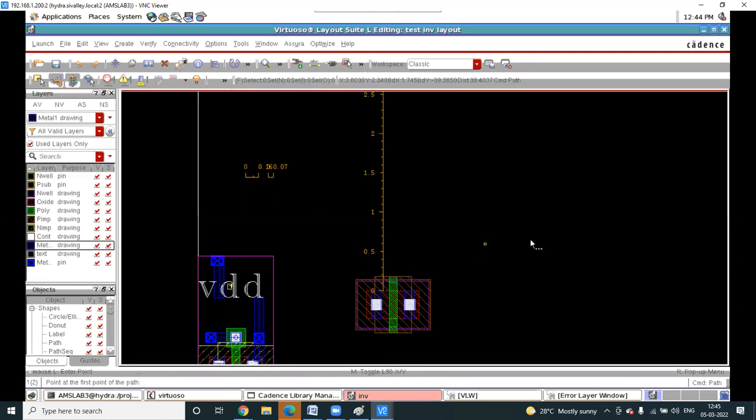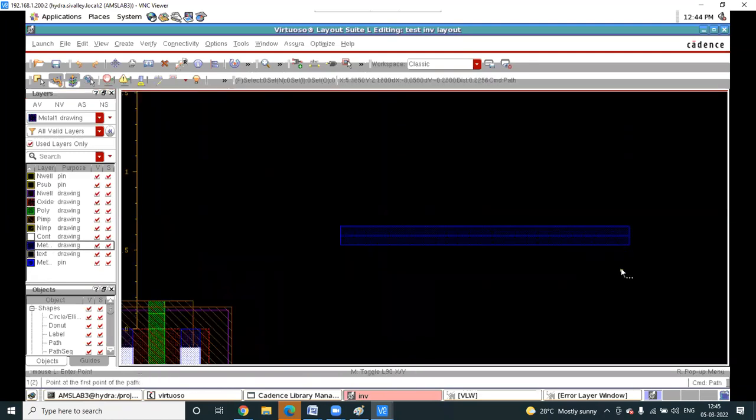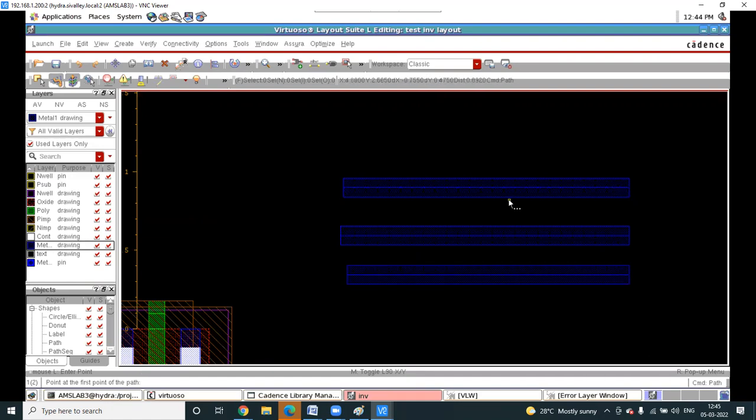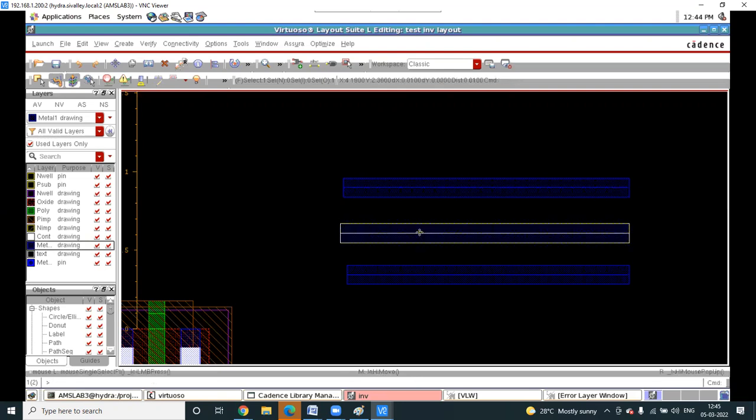I draw a metal one. So what is sidewall? You can use the same metal. You can take minimum spacing, sometimes 2x. 2x means 2 into minimum spacing.